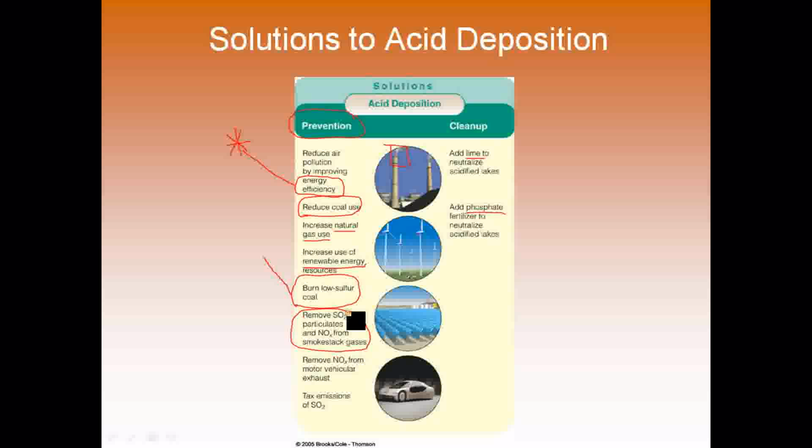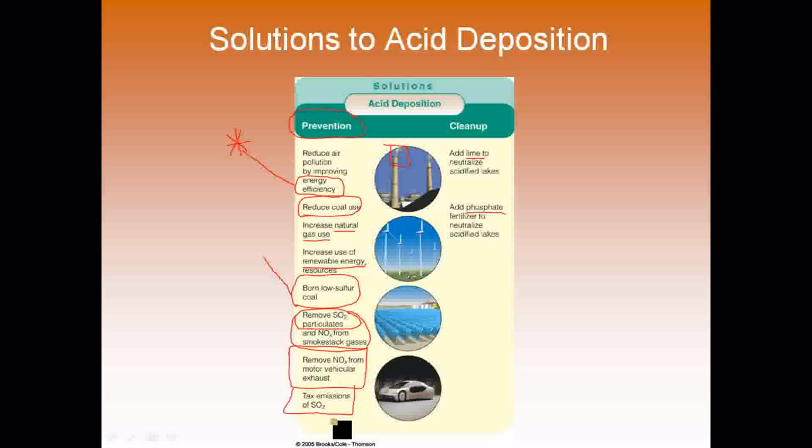Remember, it is not just sulfur dioxide. Nitrogen comes out of the smokestack too, and we can try to help deal with that by decreasing what comes out of the car in terms of nitrogen dioxide. That way, nitric acid is not formed downwind. And then the last thing we can do is penalize companies that put too much SO2 up into the air.